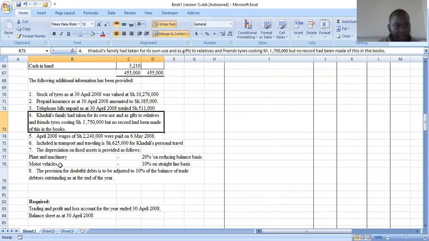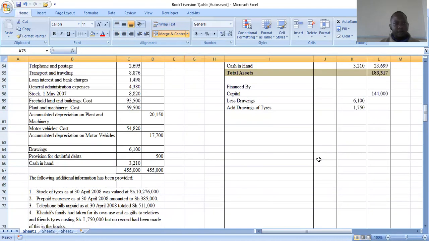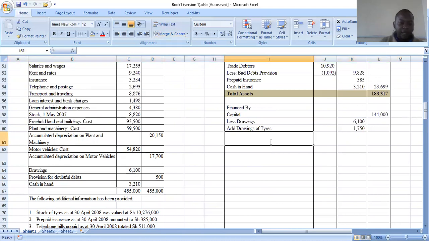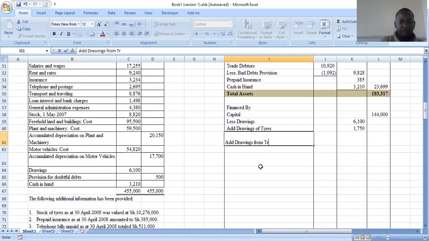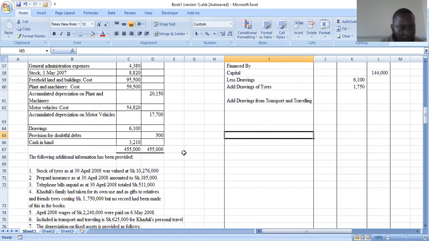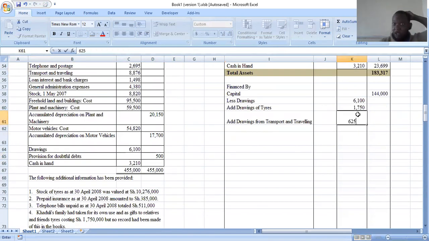And then there is another additional drawings, number 6, from transport and traveling, which is equal to 625. It is also another additional drawings.